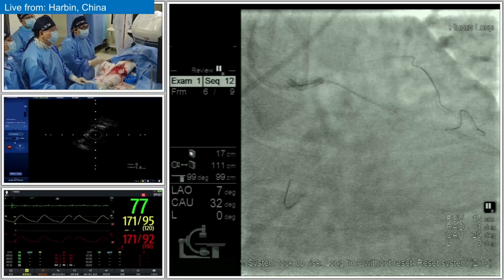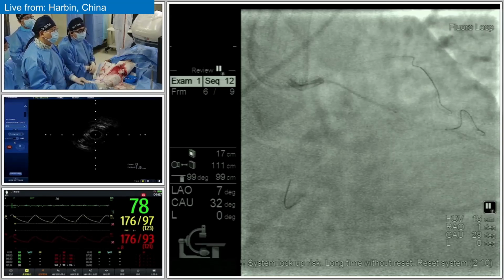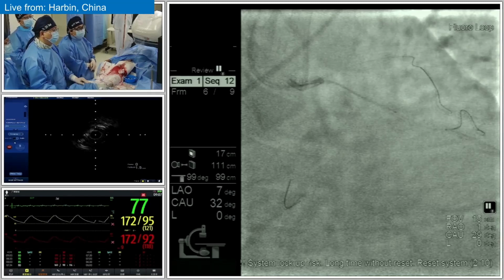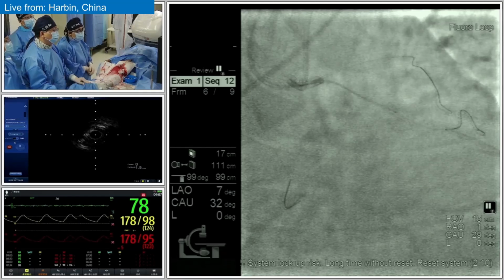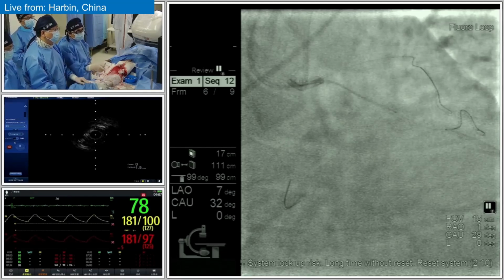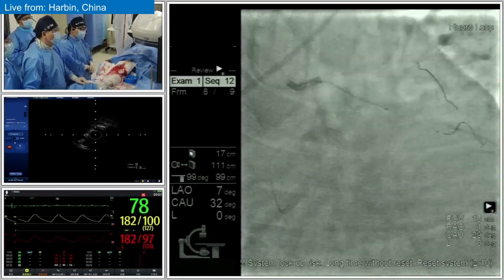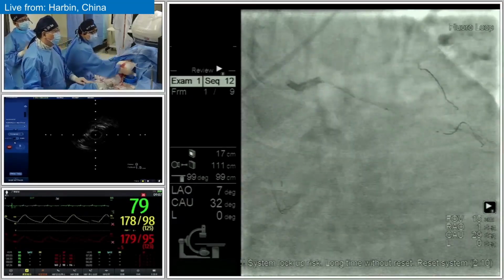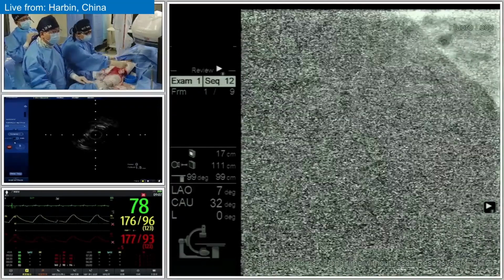As we know, there are two re-entry techniques: one based on wires, such as the Carlino technique, or one based on dedicated equipment, as we know, the Stingray balloon.